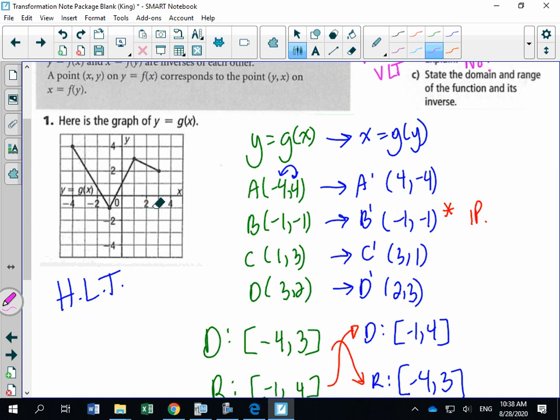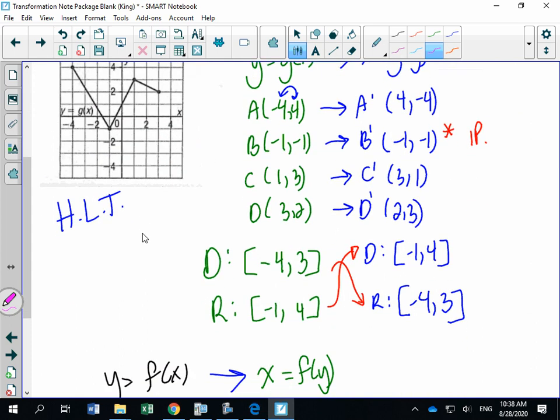So I'll give you a couple other examples. Let's just say I gave you this graph here, a straight line. It looks like y is equal to x. Would the inverse of this be a function?